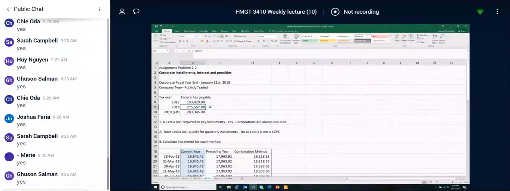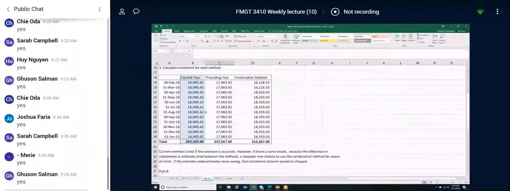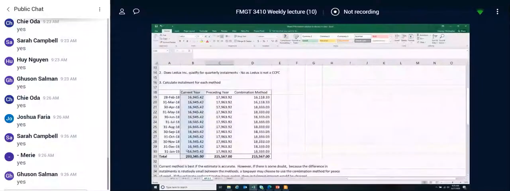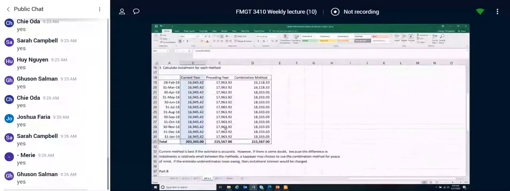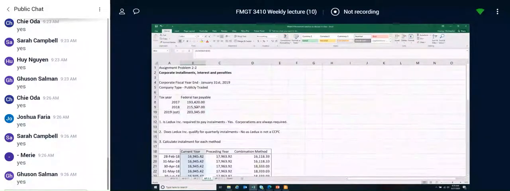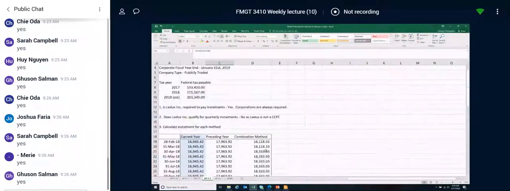Okay, so if we go through with this, right, again, current year, take your current tax, divide by 12, right, and number 2, then you take your preceding year amount. So this is 2018. Take that, divide by 12. Okay, and then the third method, again, for the first 2 payments in the year, take your 2017 amount, divide that by 12.